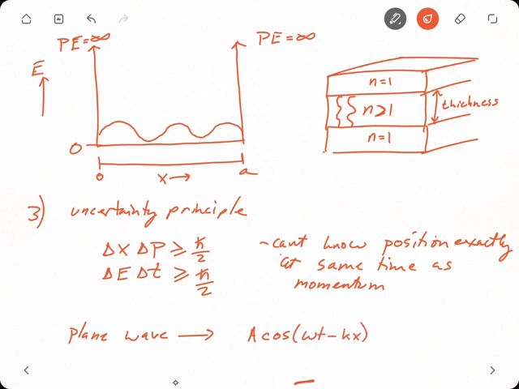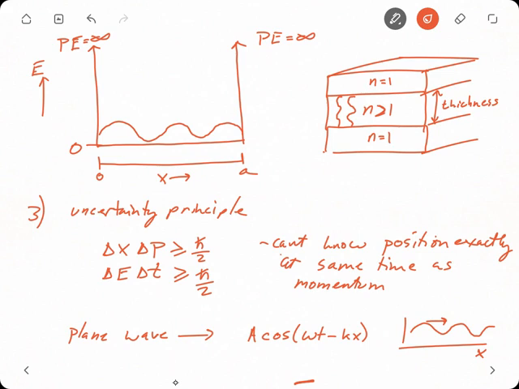So this is a traveling wave traveling to the right. So I could draw its crests and troughs like this, and if you took a picture of it at a certain spot, as time evolved, it would move to the right.